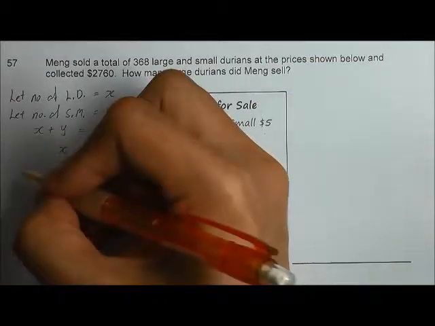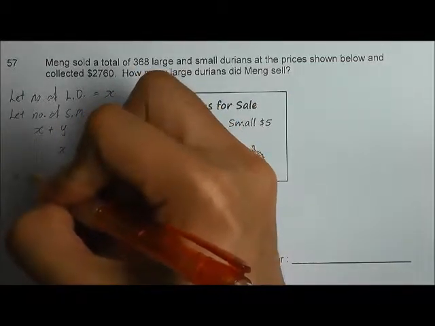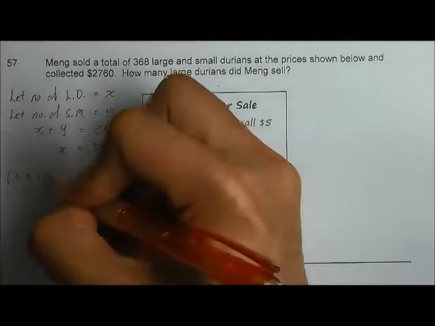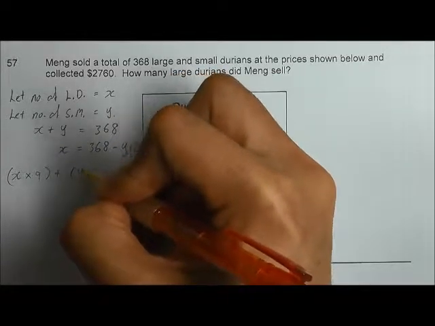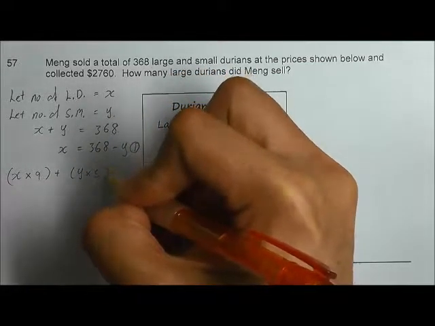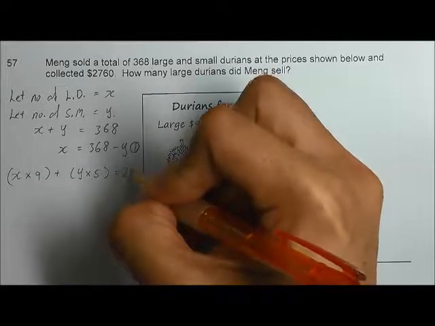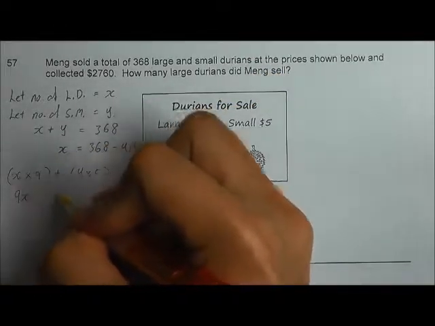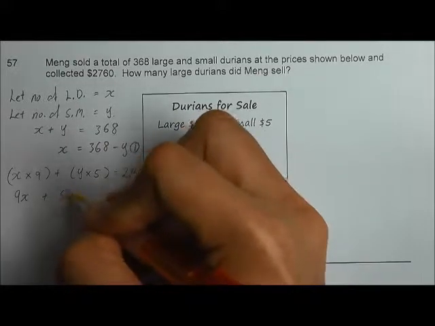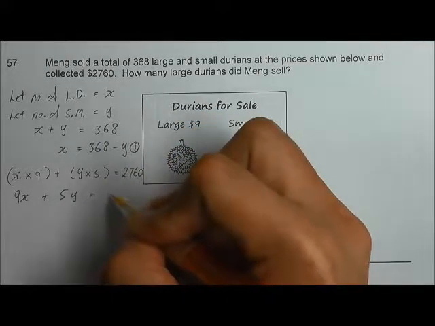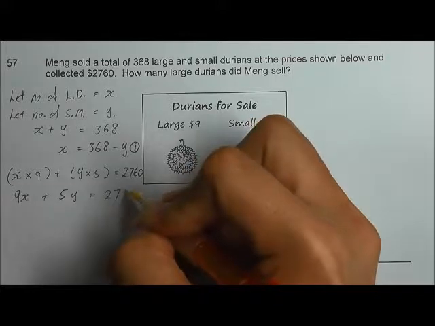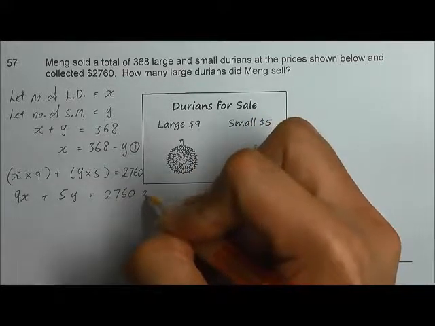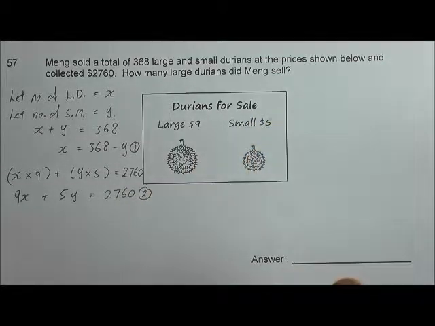So that will be x times 9 plus y times 5. We will get 2760. So that means 9x plus 5y is going to give us 2760. This will be our equation 2.